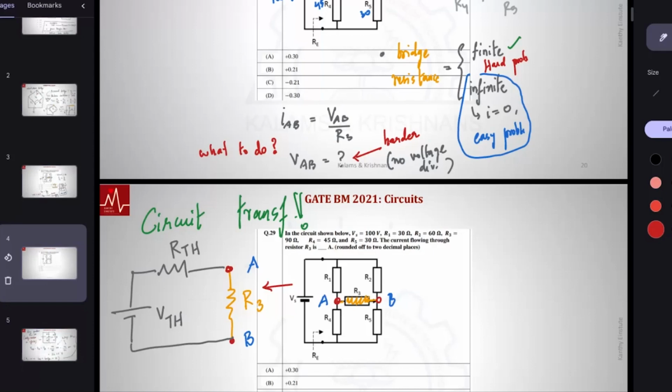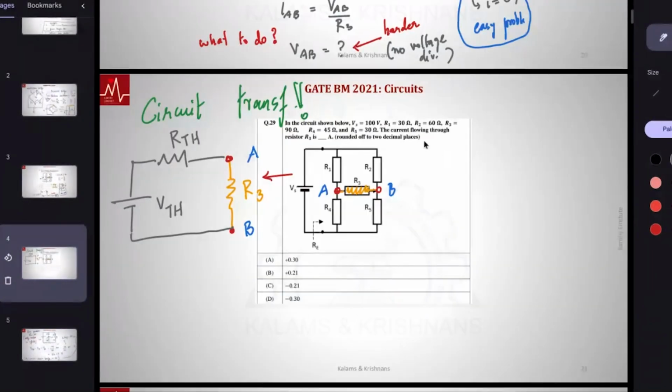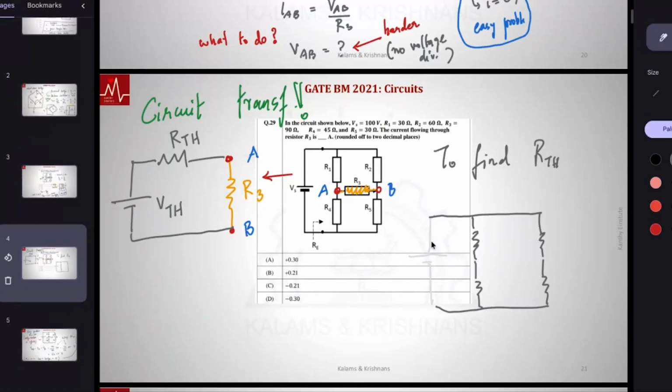To find VThevenin, it is just the open circuit voltage across the load in the original circuit. To find RThevenin, remove all the sources and find the equivalent resistance. Let's find RThevenin. Remove the load in the circuit. Technically, what I am doing is shorting the source, removing the source.